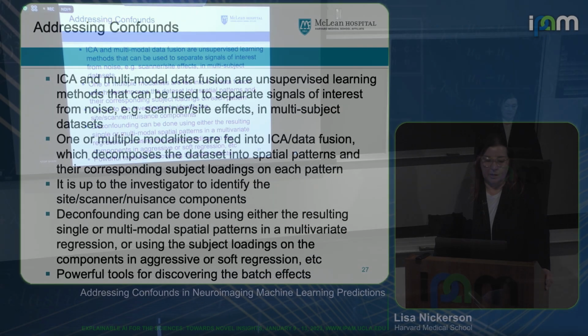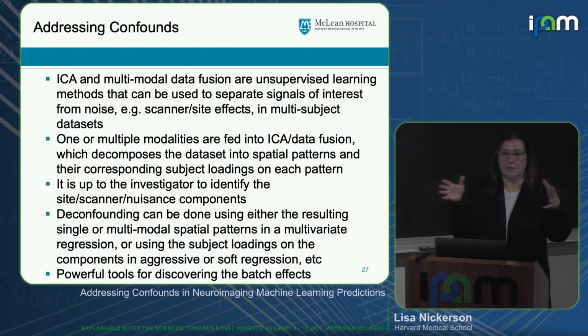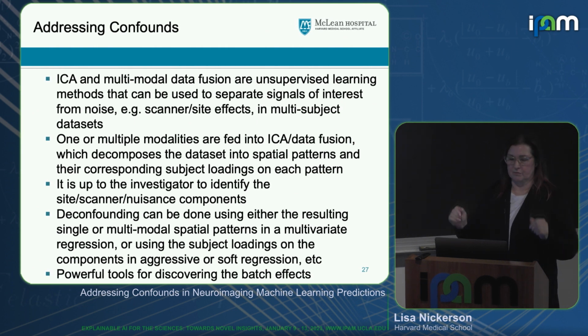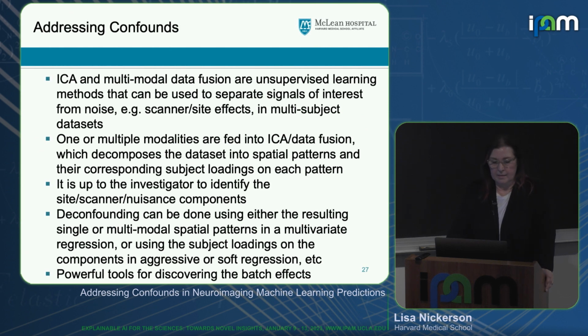In this case, the subject series, or the collection of brain maps from all your subjects for a modality or maybe multiple modalities, are fed into the ICA or data fusion, which decomposes the data set into spatial patterns and a set of subject loadings on each pattern. So in contrast to the application of ICA to fMRI, where you get spatial maps and time courses, here you get spatial maps and subject loadings.